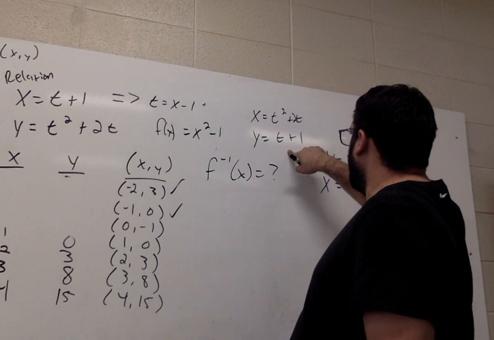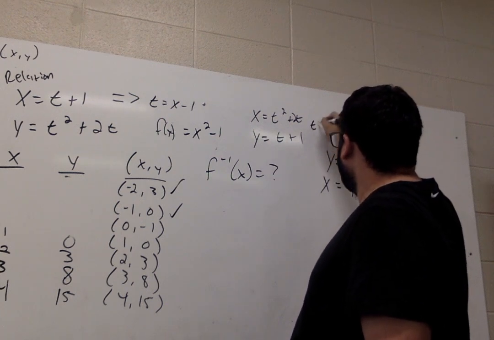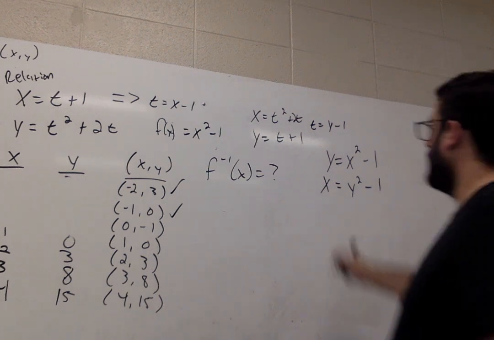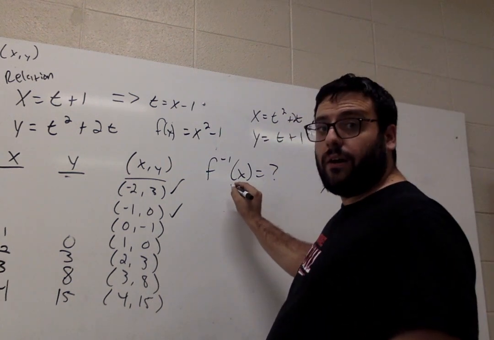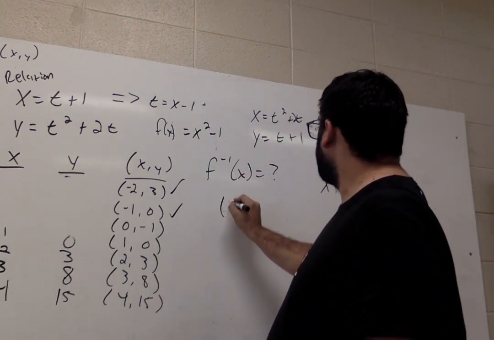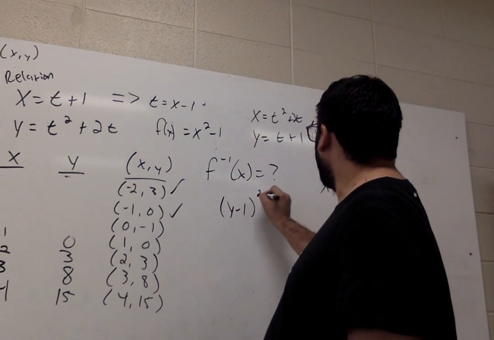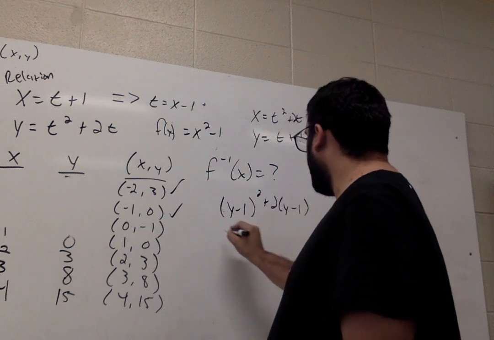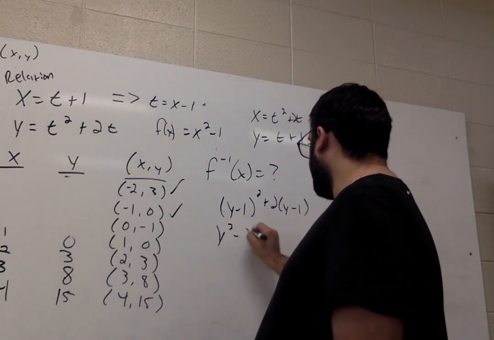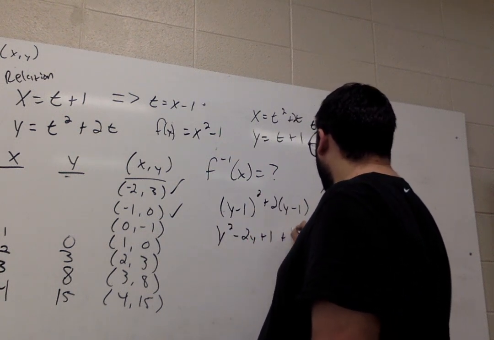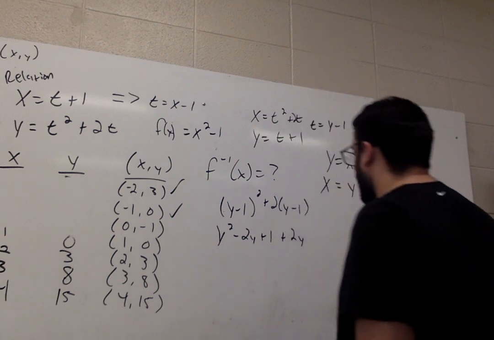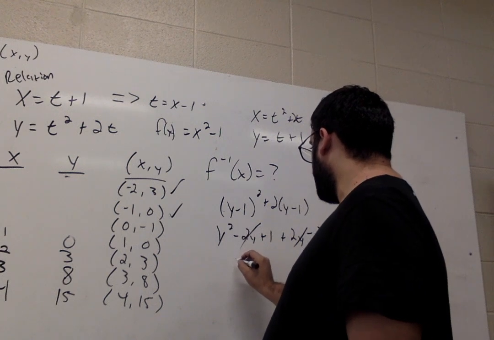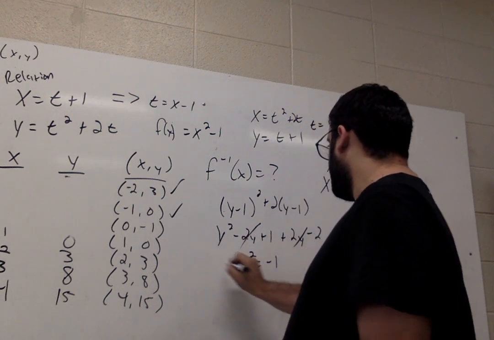Because of this right here, t is now equal to y minus 1, okay? So if I try to take that and substitute it here, then that's y minus 1 squared plus 2 times y minus 1, okay? If I FOIL this out, y squared minus 2y plus 1 plus 2y minus 2. Again, these cancel. 1 minus 2 is negative 1. Y squared equals negative 1.